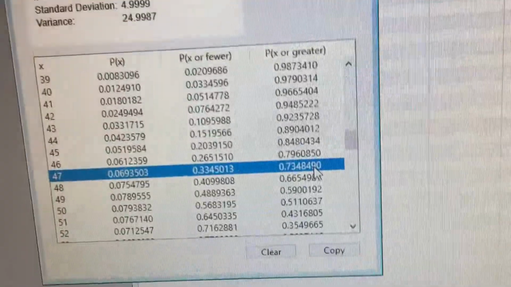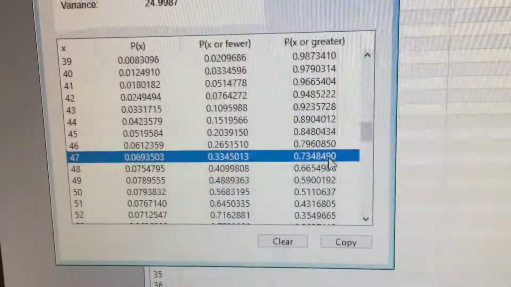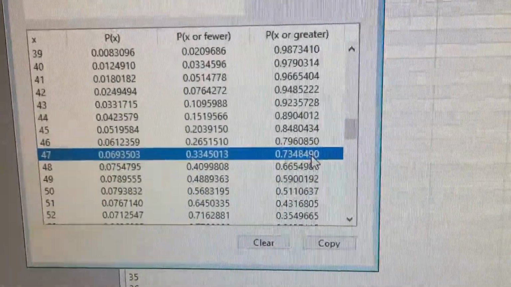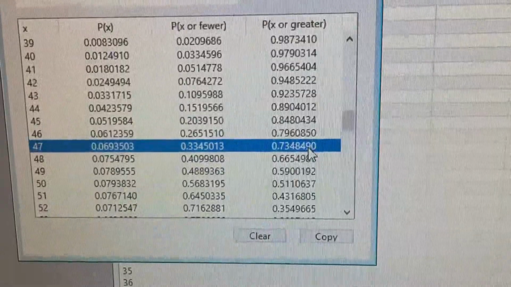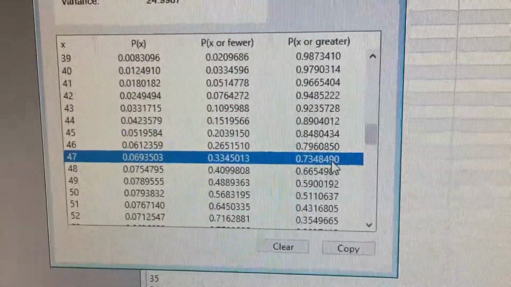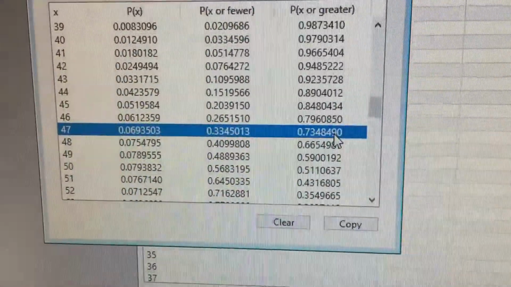Okay, so we look under the row that says 47 and the column that says X or greater. In this case, 47 or greater, and that probability value there will be 0.7348. That's the probability of more than 46.